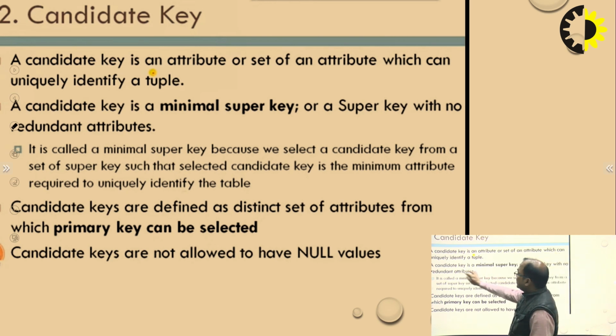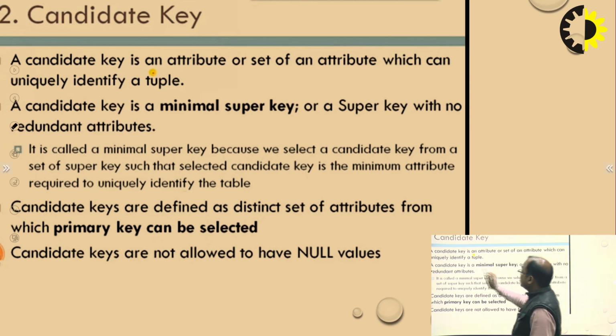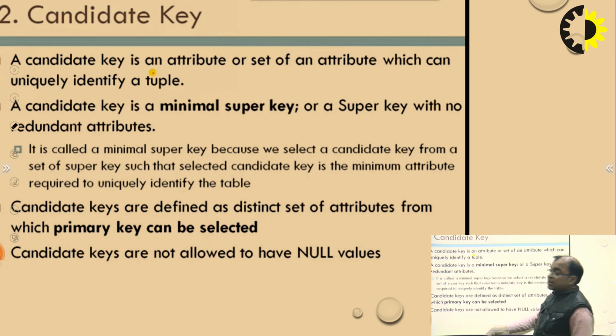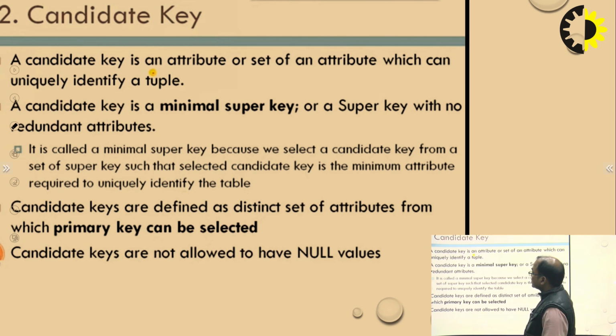A candidate key is a minimal super key, or a super key with no additional attribute. का कोई additional attributes नहीं होना चाहिए. ठीक है? No redundant attribute means उसके कोई attributes की नहीं होने चाहिए. So कह सकते हैं it is called a minimal super key.